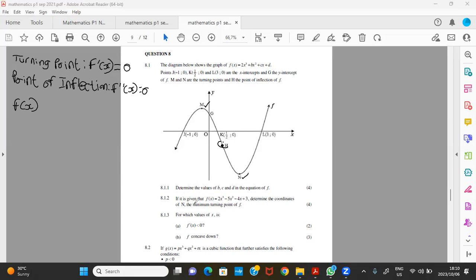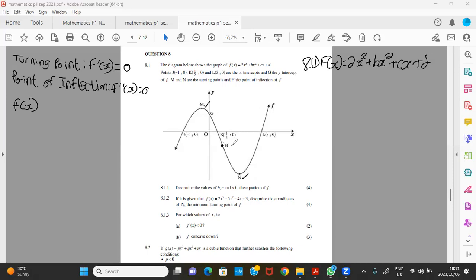They say determine the values of b, c, and d in the equation of f. So for 8.1.1, we were given f of x to be 2x cubed plus bx squared plus cx plus d.